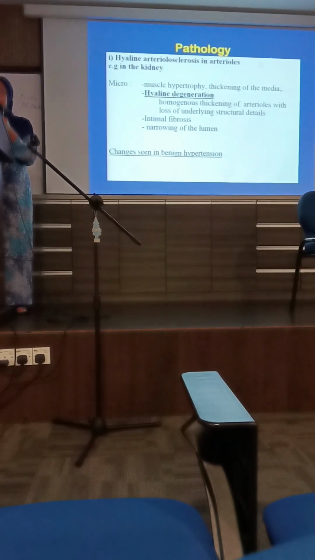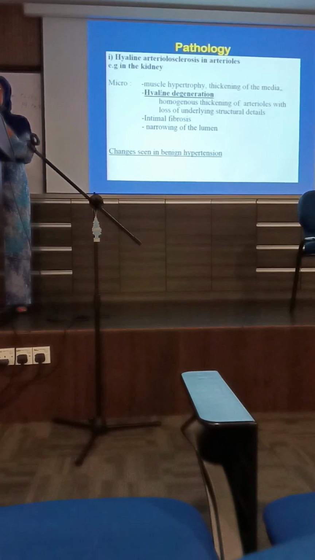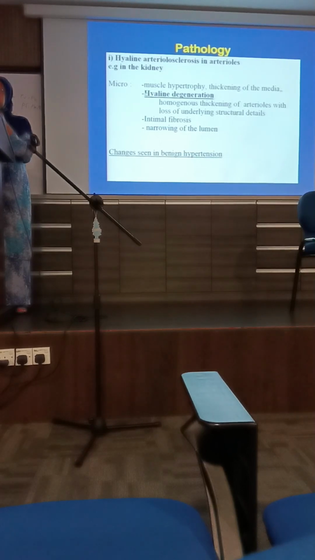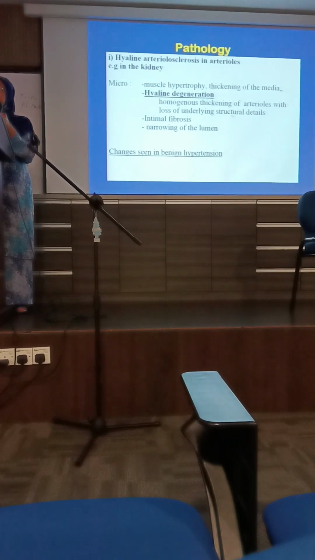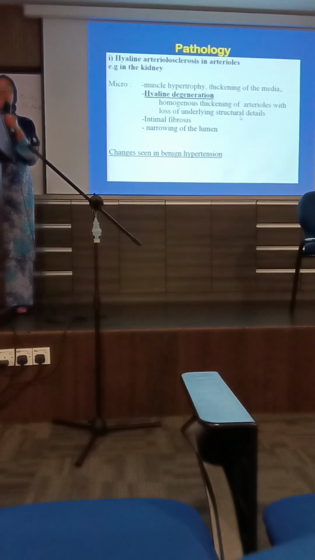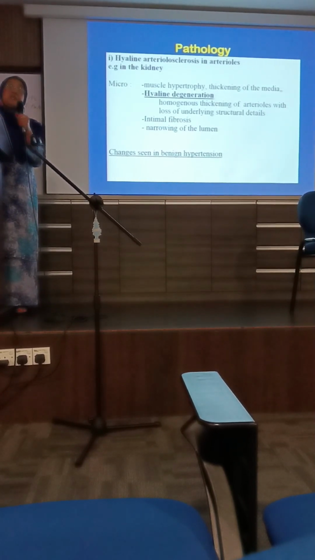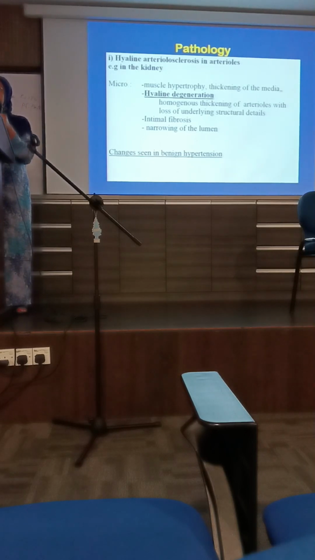So this is an example in the kidney. Microscopically, you see muscle hypertrophy, thickening of the media, and deposition of a hyaline material, which is a homogeneous thickening of arterial walls with loss of underlying structural details, which finally will lead to intimal fibrosis and narrowing of the lumen.